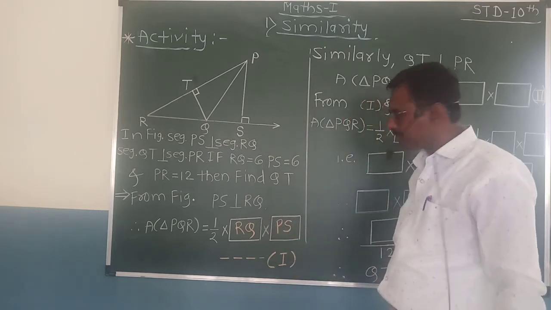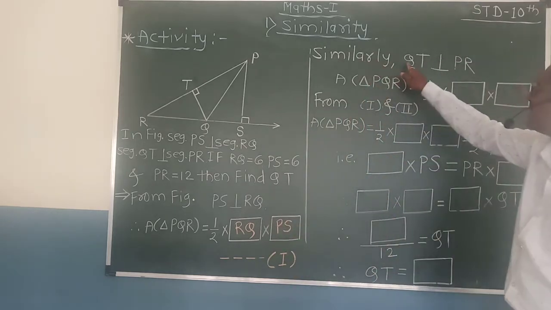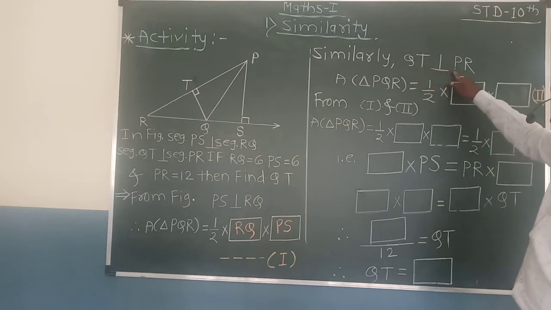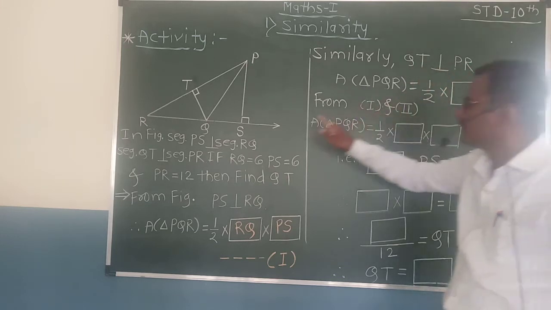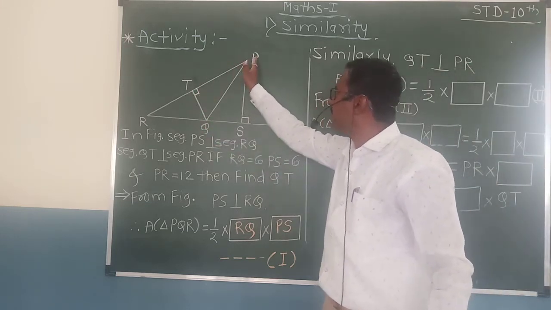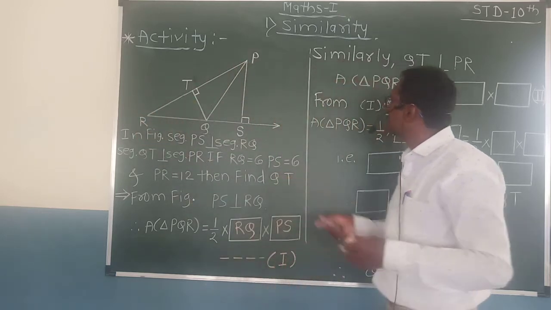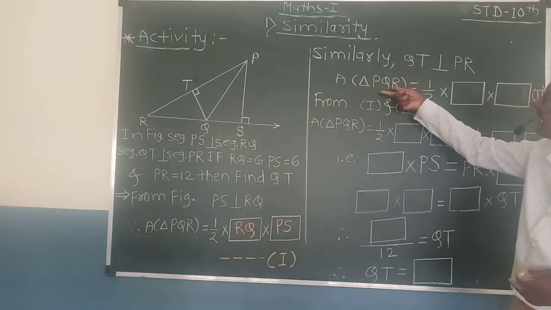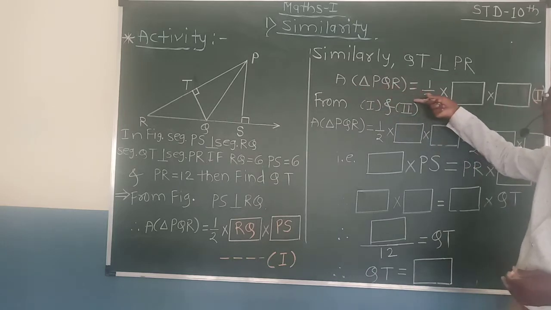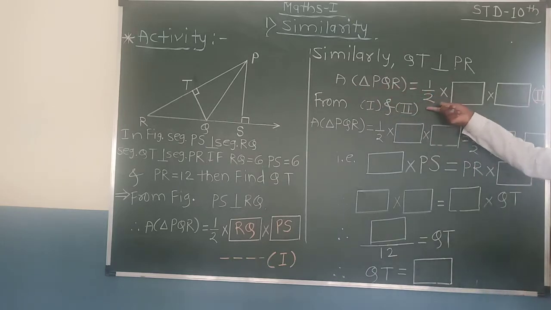Now moving forward, similarly QT is perpendicular to PR. So same thing, area of triangle PQR is equal to again 1/2 into base into height.